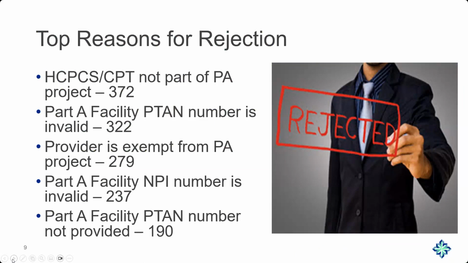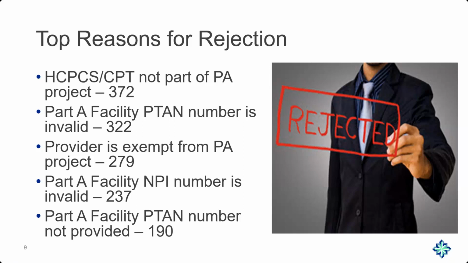Elaine provided you with a couple of WPS resources where you can find the services that are included in the prior authorization project. And as we took a look at those, you could see it actually lists the specific HCPCS and CPT codes. So hopefully those resources will help you know, should I be submitting a prior authorization request for this service, or is it something that's not needed?